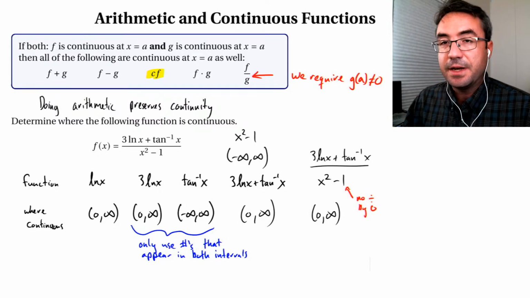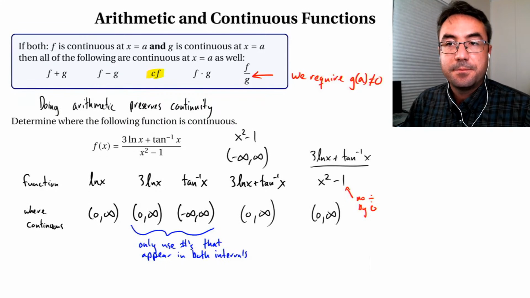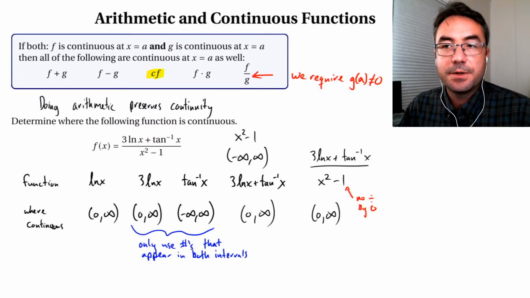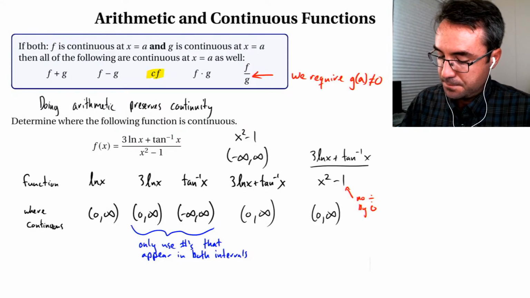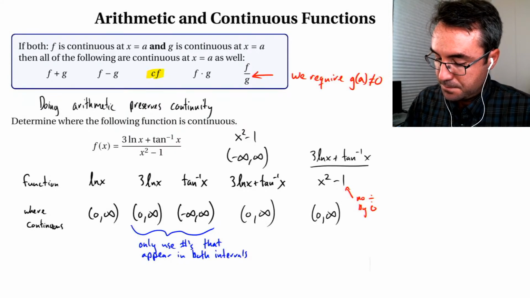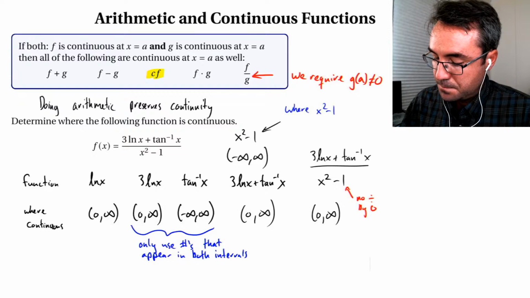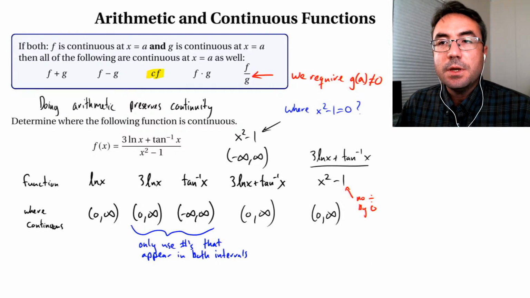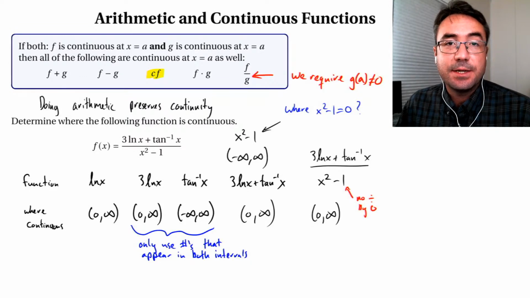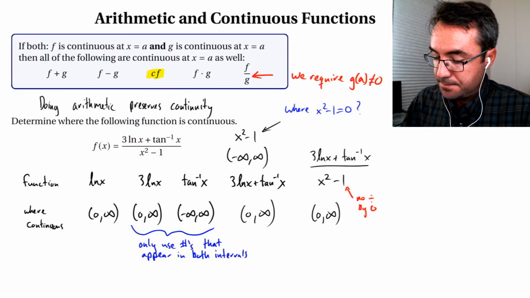So we need to investigate, where is that function x squared minus 1 equal to 0? So that happens when x is equal to plus or minus 1.